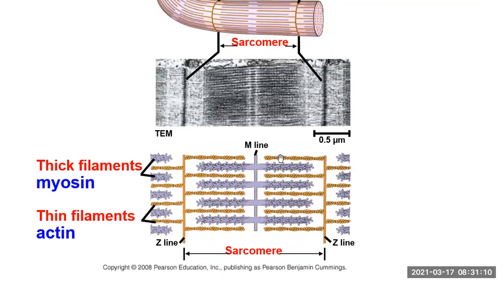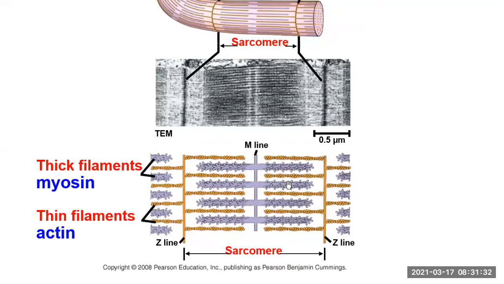Look, there's a theory. The theory says that the actin filament slides over the myosin toward the M line. So this actin and this actin come close to the M line. You understand?